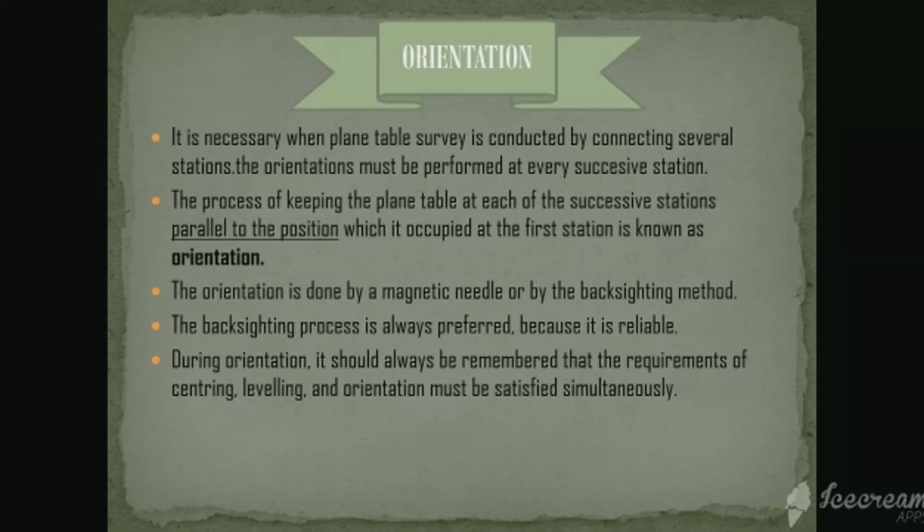The orientation is done by a magnetic needle or by the back-sighting method. The back-sighting process is always preferred because it is reliable. During orientation, it should always be remembered that the requirements of centering, leveling, and orientation must be satisfied simultaneously.